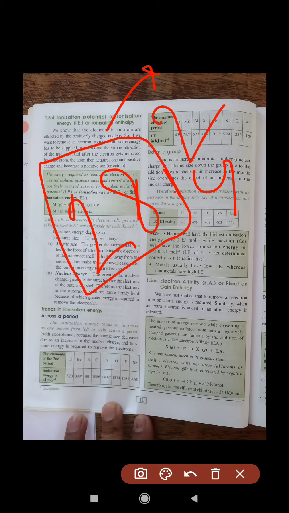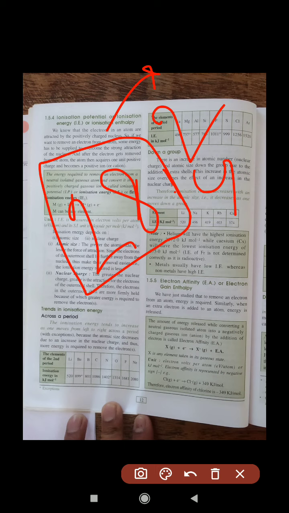So if you know the electronic configuration, students, you can easily explain ionization energy, atomic size, everything. In the periodic table you need to memorize lots of things, because there are lots of exceptions.